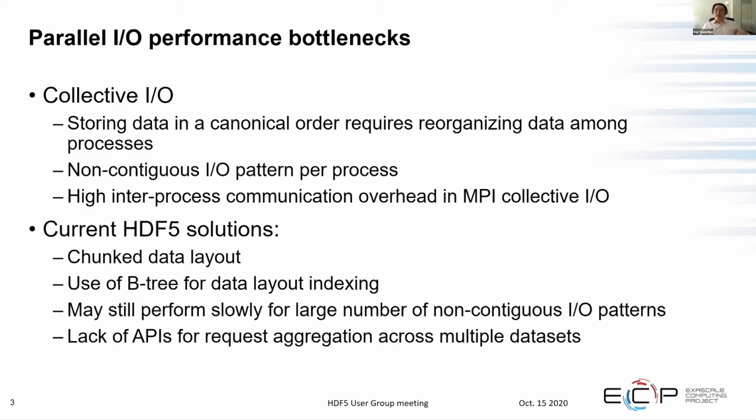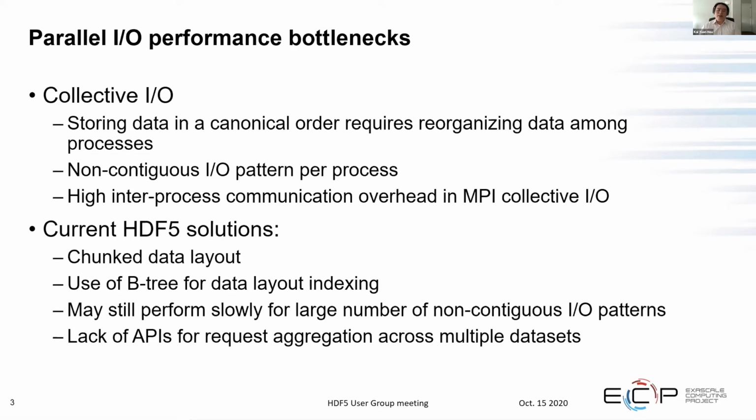Consequently, the MPI collective I/O internally needs to perform a large amount of communication to reorder such I/O pattern to, in turn, match the striping of the parallel file system.